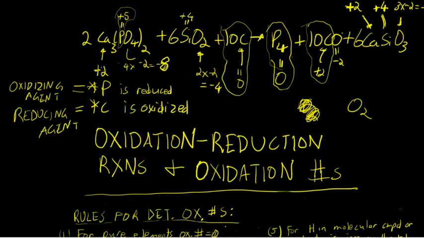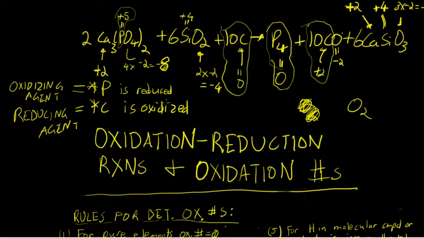If that's not clear, remember that oxidation is a loss of electrons and reduction is a gain of electrons. So reduction is a gain of electrons, oxidation is a loss of electrons. So whatever is reduced and gains electrons, it had to have taken those electrons from something else, right?